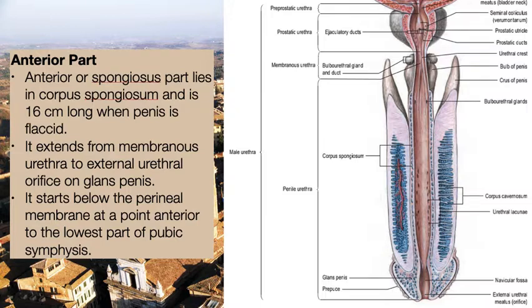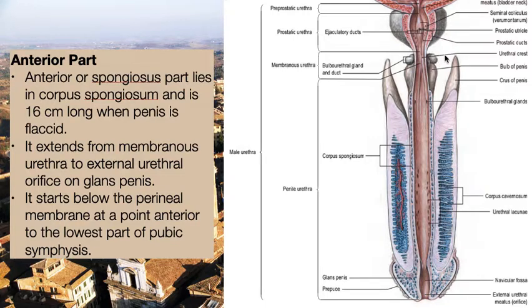Now, let's come to the anterior part of the male urethra. The anterior or the spongiosus part lies within the corpus spongiosum, very long, 16 centimeter long when the penis is flaccid. It extends from the membranous urethra to the external urethral orifice on the glans penis.